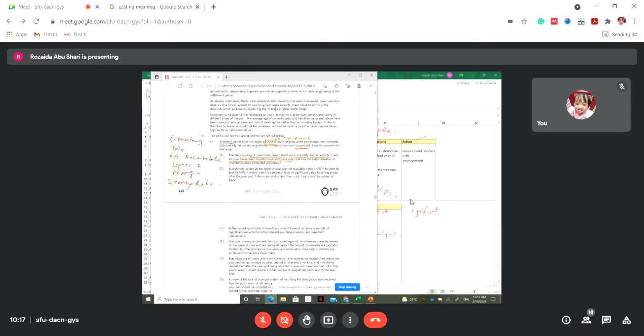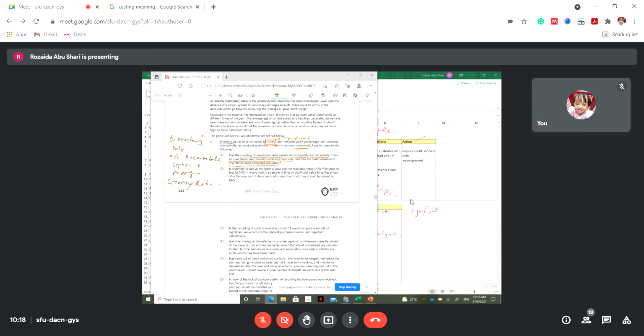There must be a proper procedure to avoid the goods being counted twice. So you need to look at all the procedures given for the inventory counting, and then whether the summarization of the inventories has been computed accurately. So these are the questions you need to ask yourself to be skeptical about the overvaluation of the inventory.